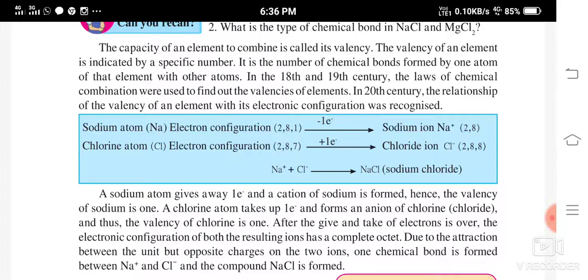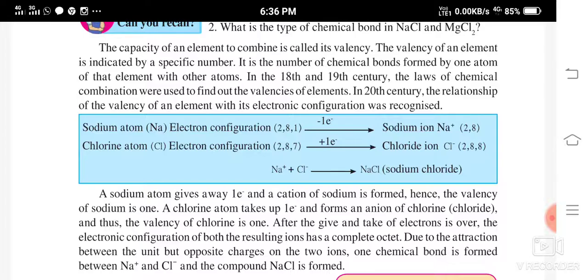Now in the 18th and 19th century, the laws of chemical combination were used to find out the valencies of elements. In the 20th century, the relationship of the valency of an element with its electronic configuration was recognized.